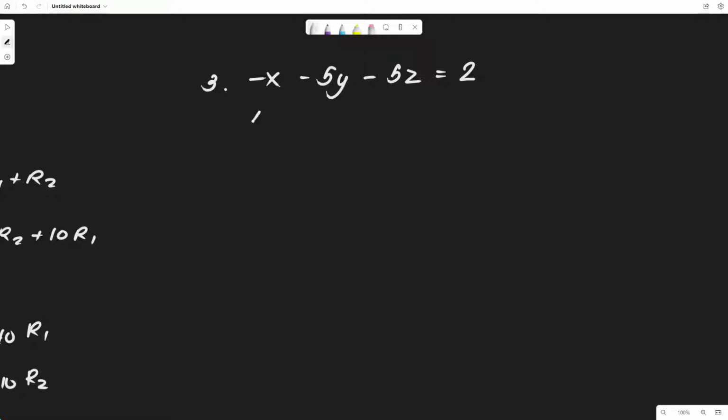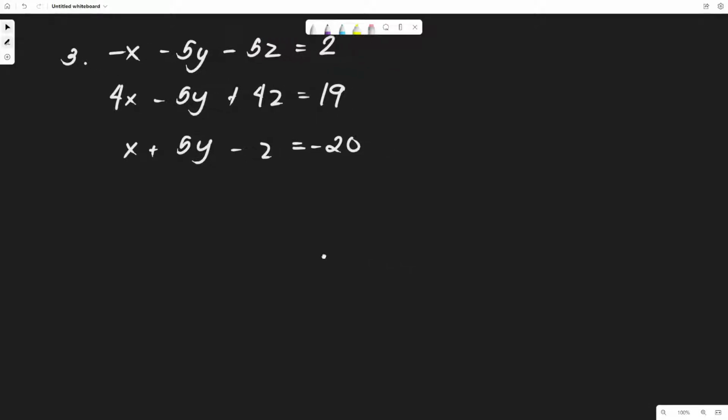Then we have here 4x minus 5y plus 4z is equal to 19. And last, we have x plus 5y minus z is equal to negative 20. So, ito yung isosolve natin.